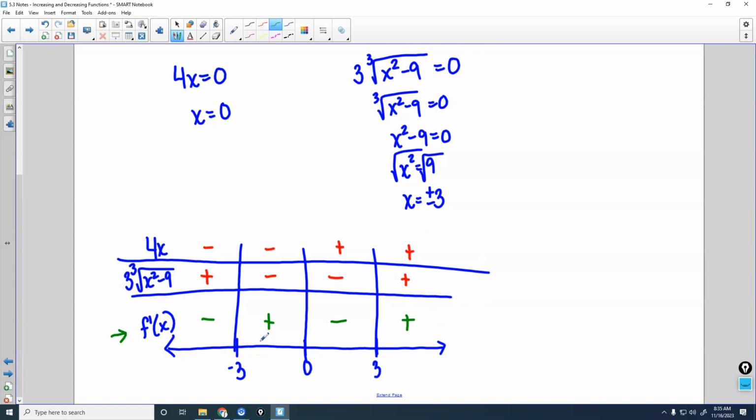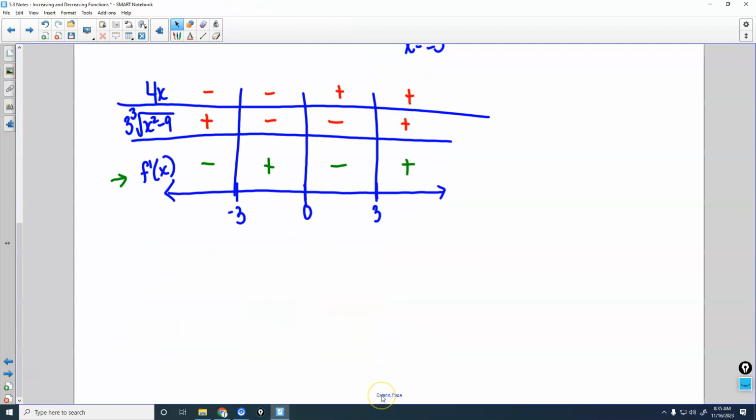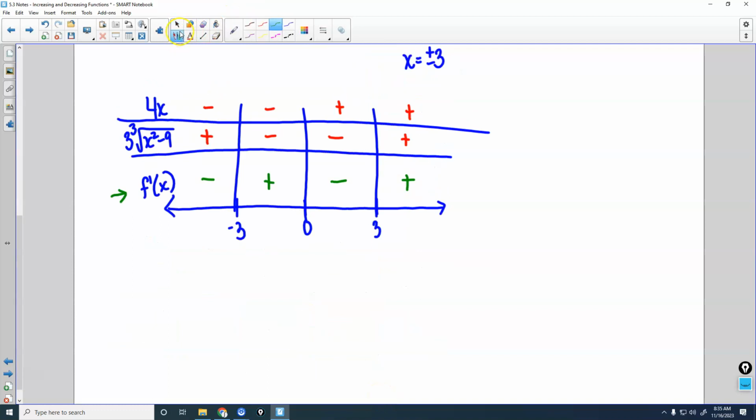What you could do instead, so let me give you this option if you do not like the chart, because you do not necessarily have to make the chart. What you can do instead is pick a number right here, like -4, and plug it into the whole equation. 4 times -4 over 3 times the cube root of -4 squared minus 9.